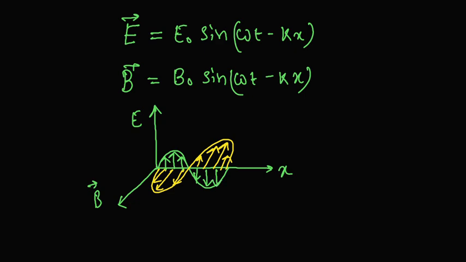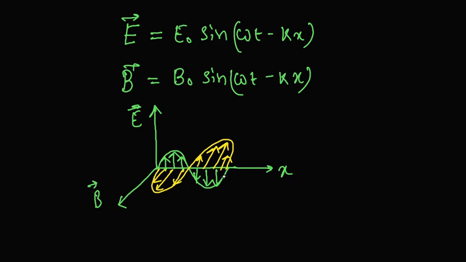Okay, when these two waves superimpose, we can say it will create a new wave which is going perpendicular to both of these vectors or waves, and this is the new wave which is called an electromagnetic wave, which has an electrical term and a magnetic term.